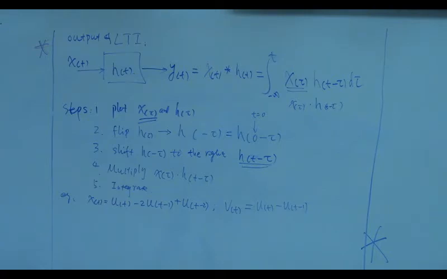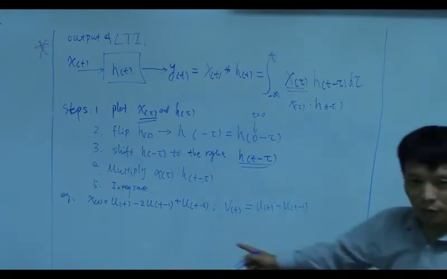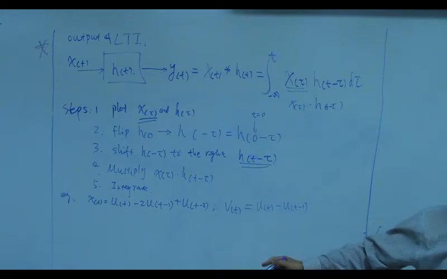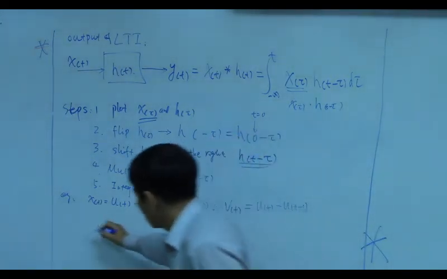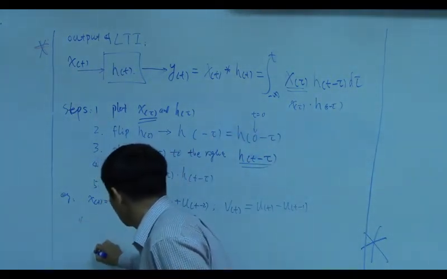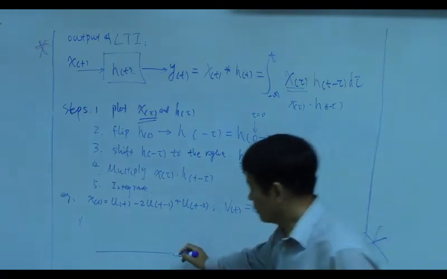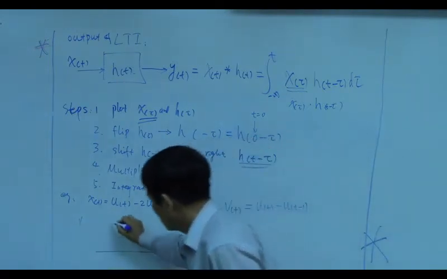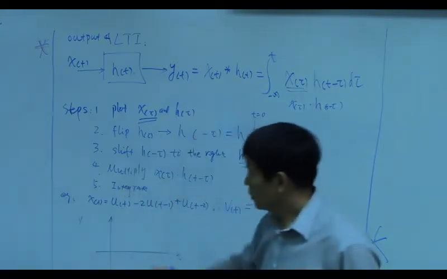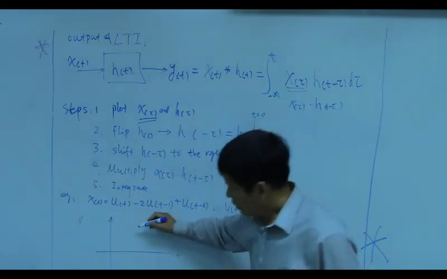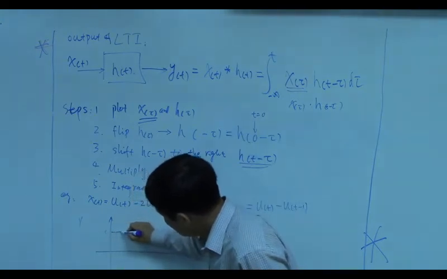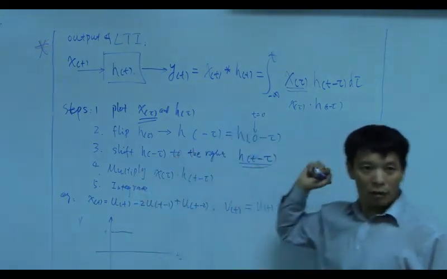How to do this? Step 1. We need to draw these signals, right? So the step 1, we draw these signals. What is the x(t)? So this one is t. This one here. u(t) is 1, like this, all the way to the right.